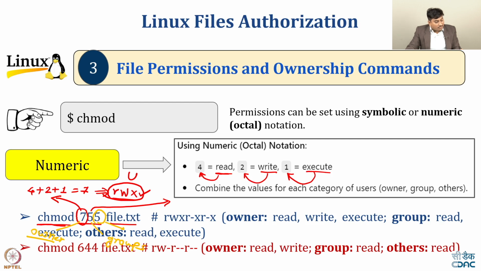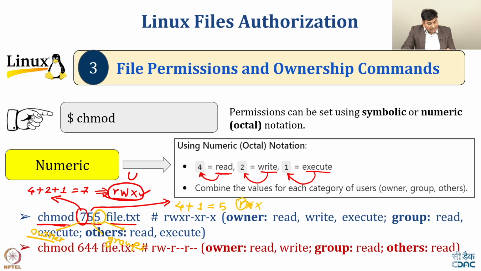So when we are dealing with the groups, the second character, here 4 plus 1 is equal to 5. It means that we have given them read permission but not the write permission, and we have given the execute permission, right.